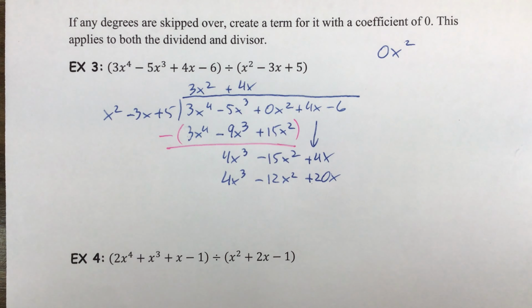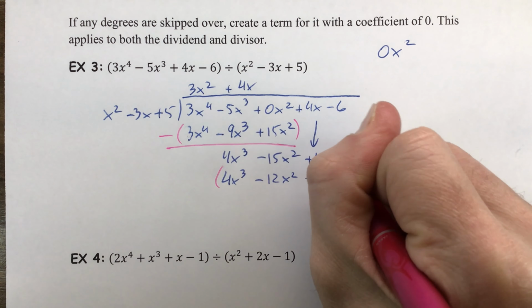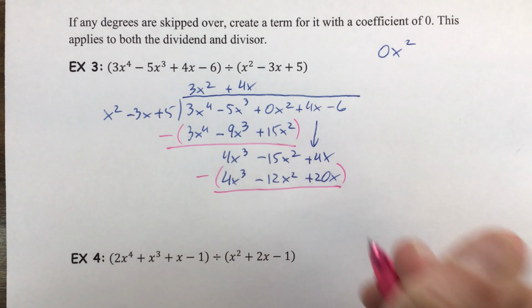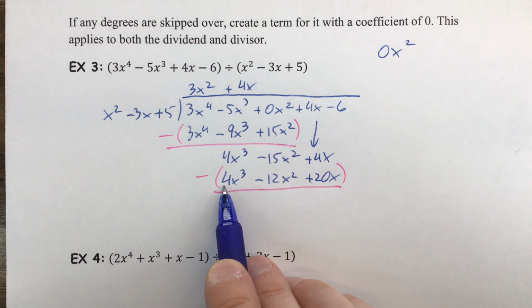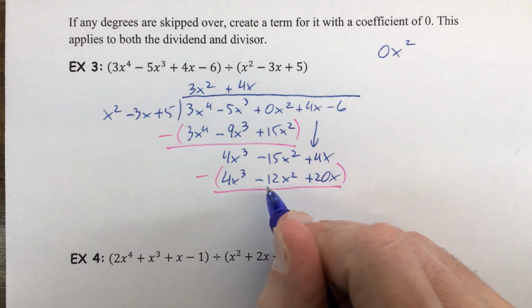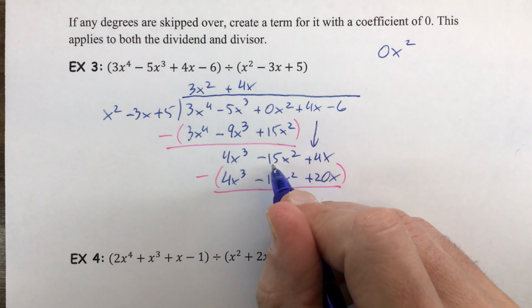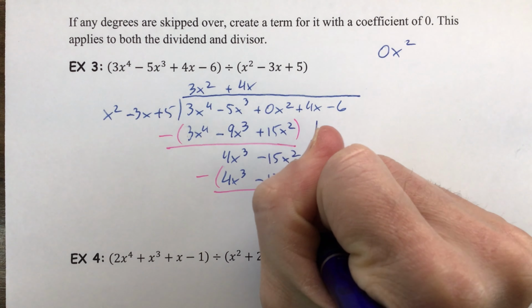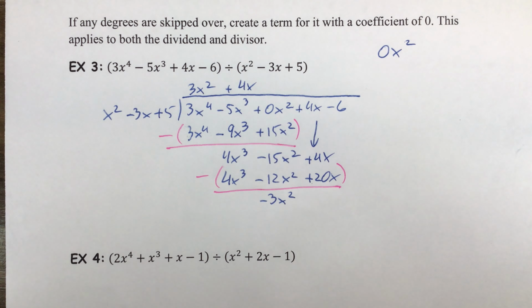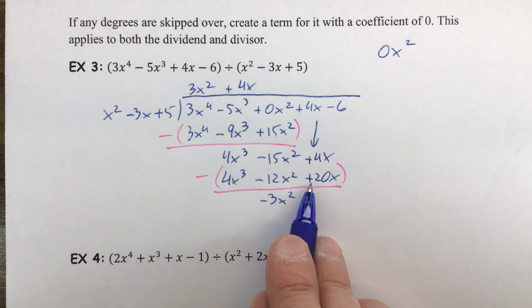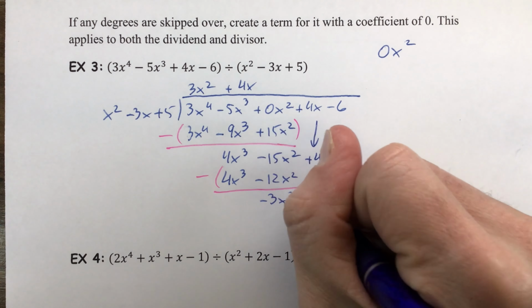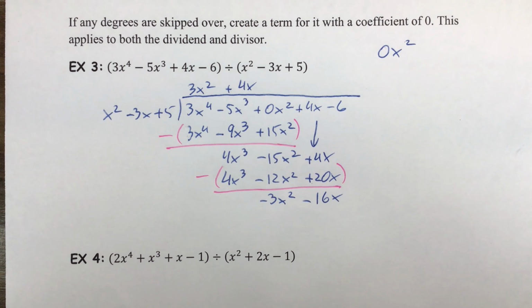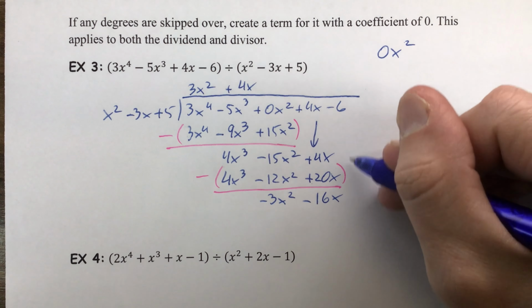You get positive 20x. Parentheses, subtract, break it up. Cancels, distribute. You get positive 12 with a negative 15, gives you negative 3x squared. Distribute, negative 20, positive 4 is negative 16. And we have one more term to drop.